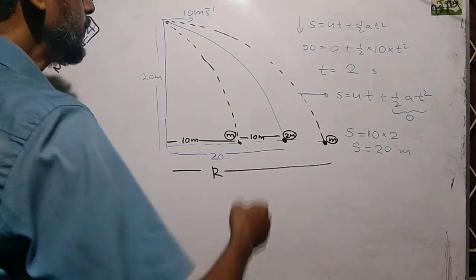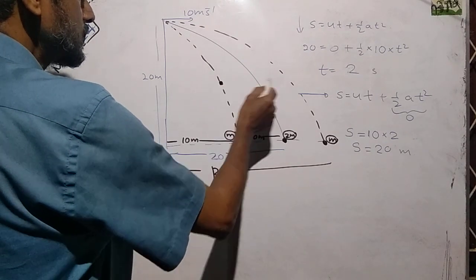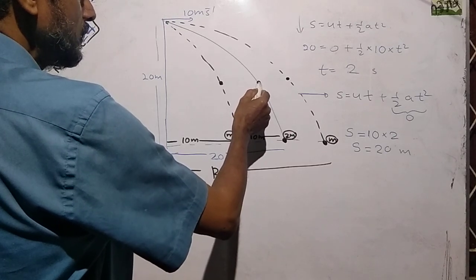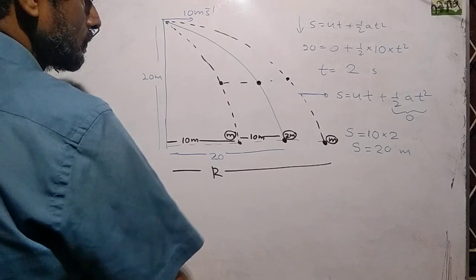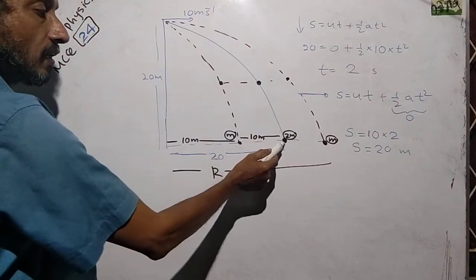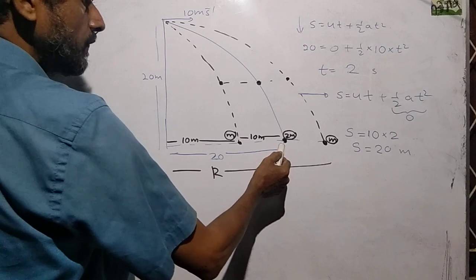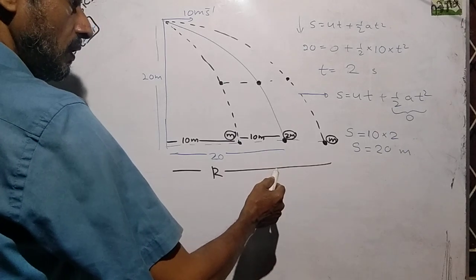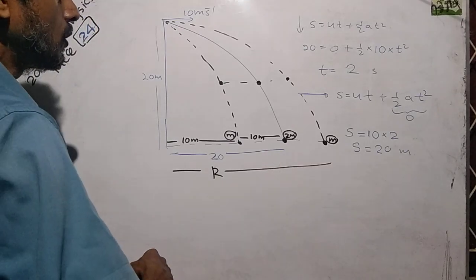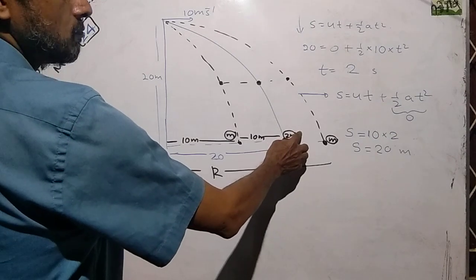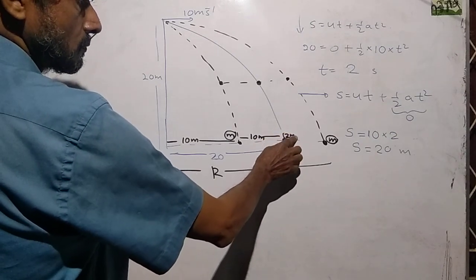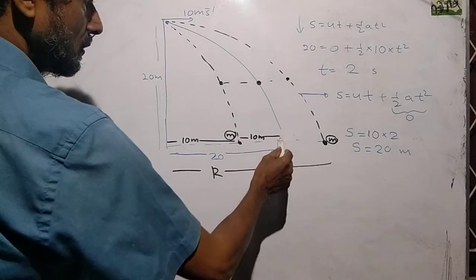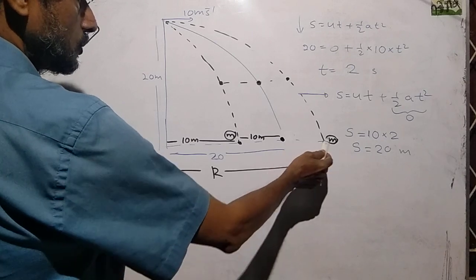When the split parts are in these two positions, the center of gravity of these two parts should be at this point. When the ball hits the ground, the center of gravity of the split parts should be at this point. Now there is no ball, therefore I remove this one. We have only two split parts.